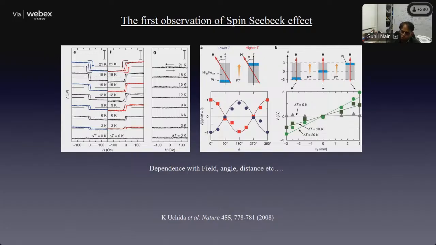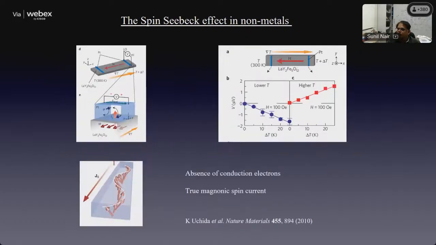So as I showed in some of my earlier slides, the key in magnonics is to look for systems which are magnetic insulators so that there is no contribution at all from the charge current part and you're only looking at the spin current. So this was a criticism against this work, and so the same group then took 2 years to solve this problem once and for all.